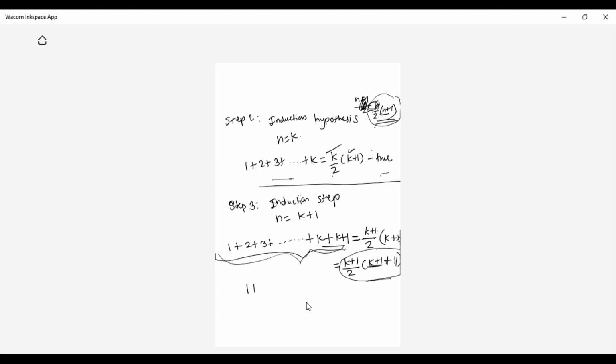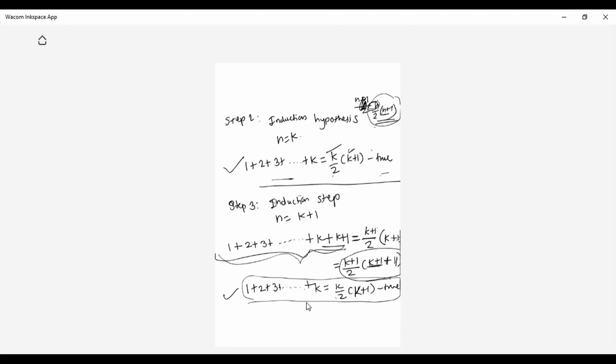So I'll be writing 1 plus 2 plus 3 plus dash dash dash plus k, which is equal to k by 2 into k plus 1. This I already know, right? Already we have proved it as true for the k value. This equation I'm writing over here. Why am I writing it?